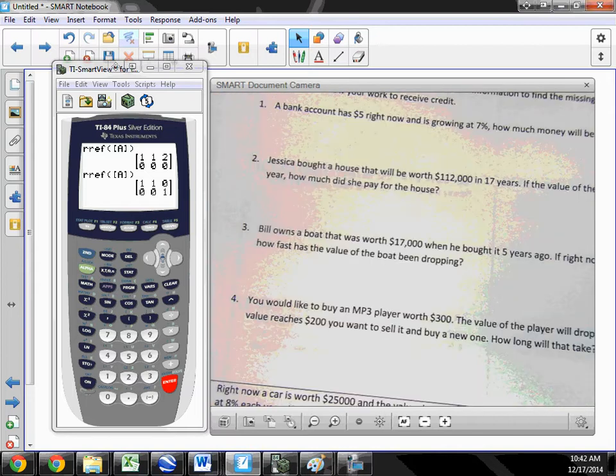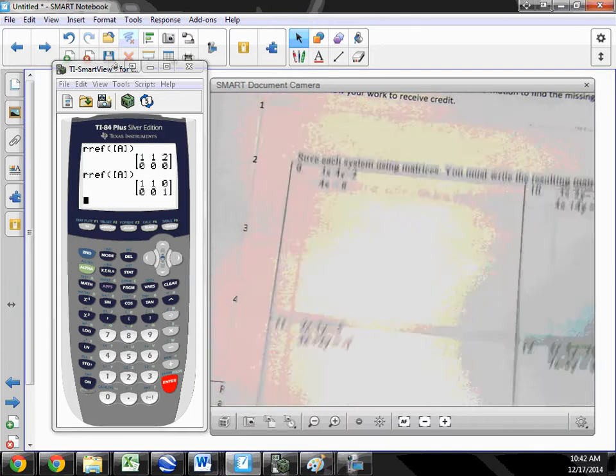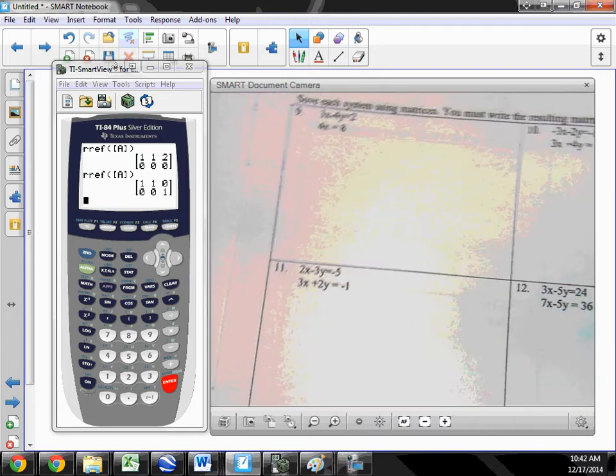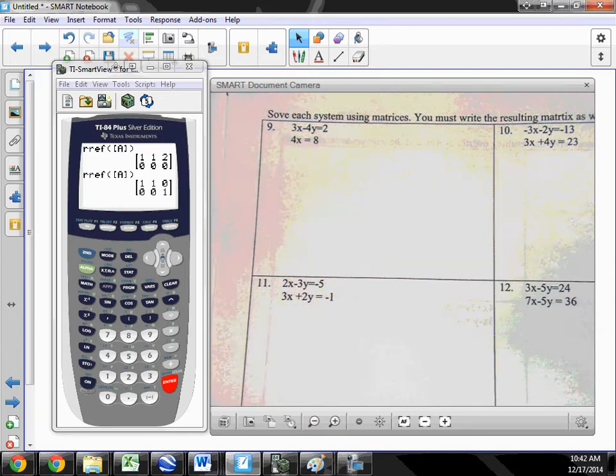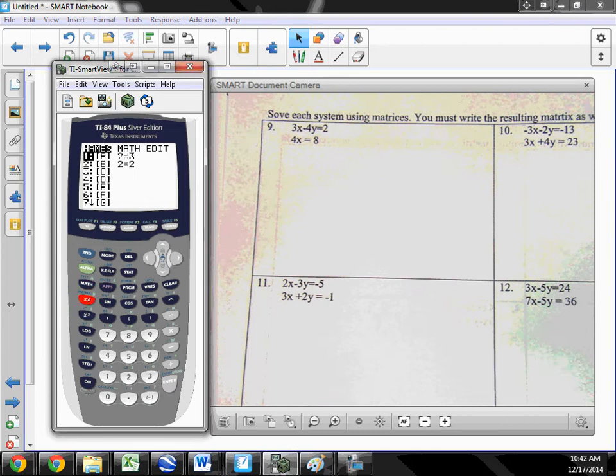Number 9 looks tricky, but it's actually easy. How am I going to enter number 9 as a matrix? So the top row is easy: 3, negative 4, 2.